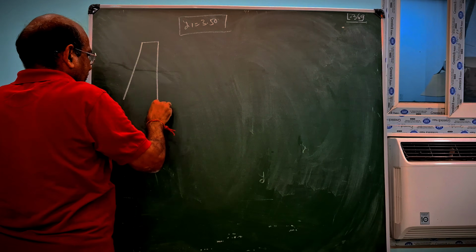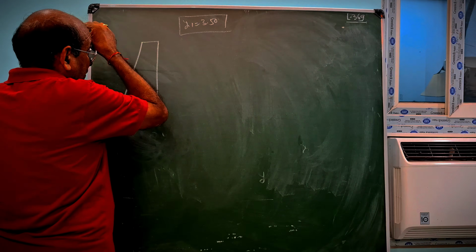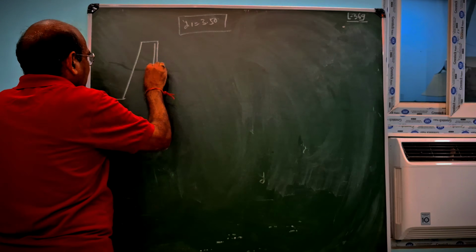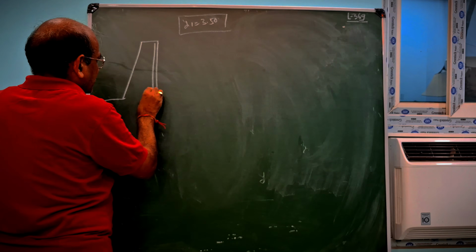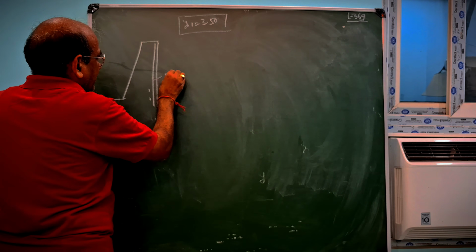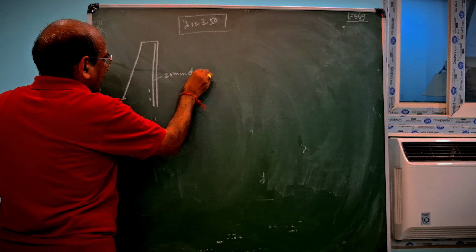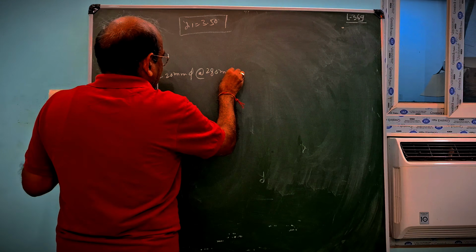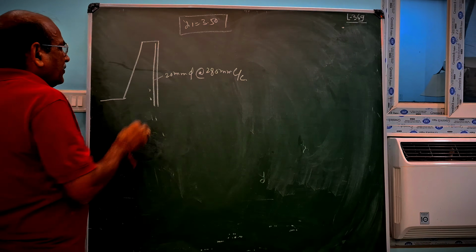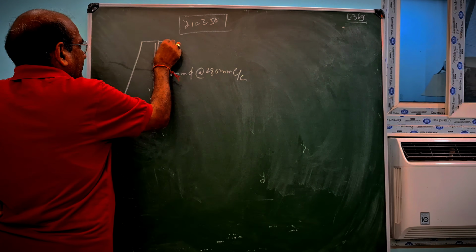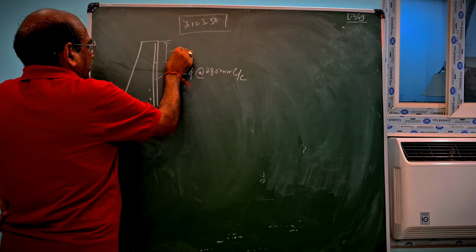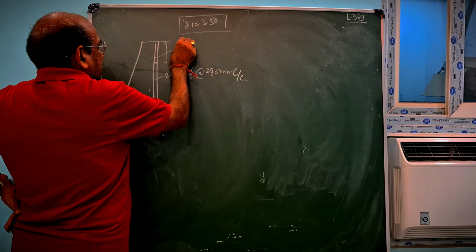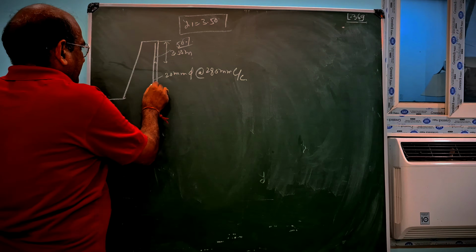In this way, you're putting on this face the main bar, and this is distribution. So this is 20 mm at a rate of 280 mm center to center. So curtailment will be somewhere here at a distance of 3.5 meter. 50% will be curtailed. This is 50%. This is 100%.